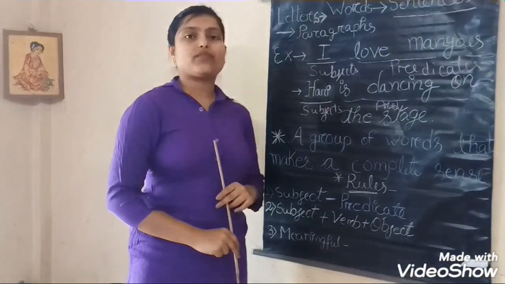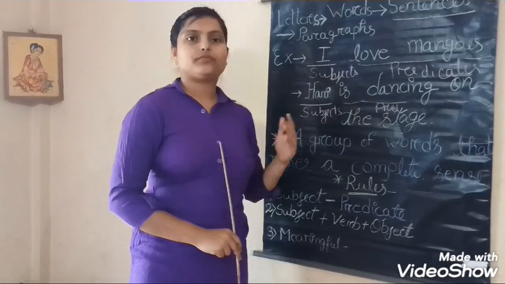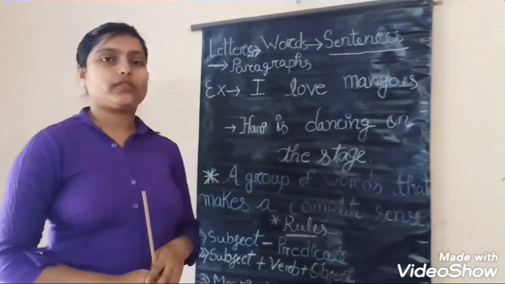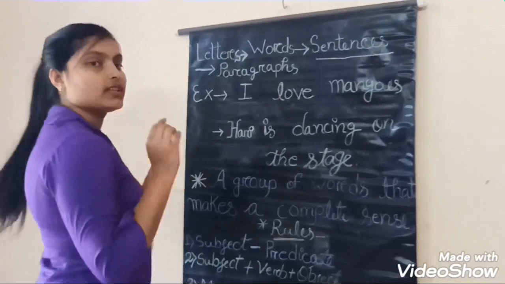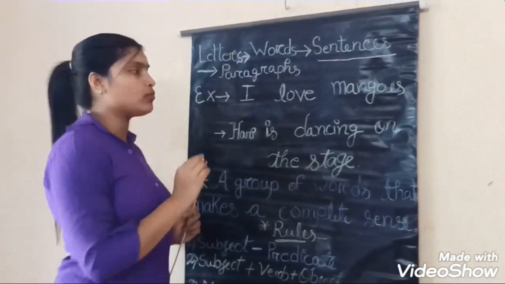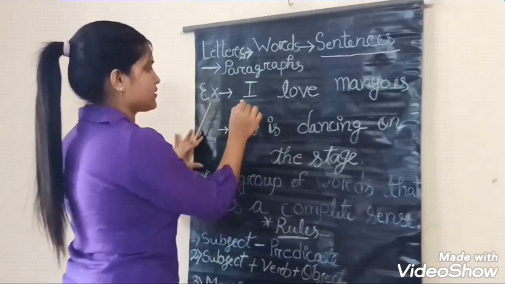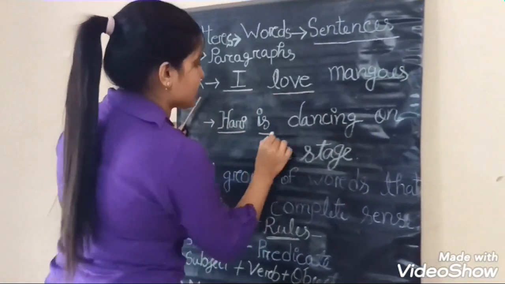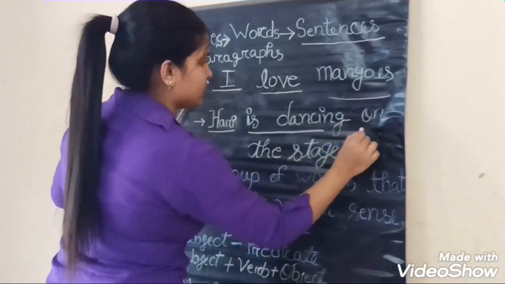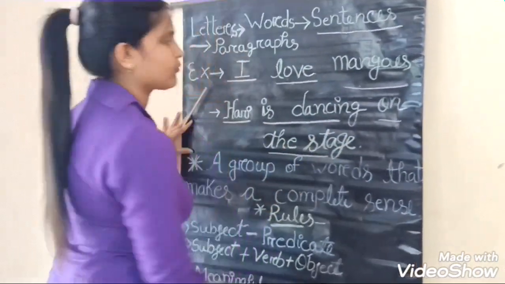Now, let us have a look at the second point. Again come to these sentences. This time, we will divide both the sentences into 3 parts: first part, second part and the last part.